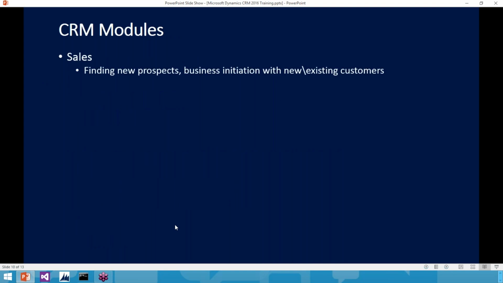So CRM modules. CRM is divided into 4 different modules. The very first one is sales. What exactly is sales? Sales can be anything. Any company that tries to sell products has to go through this sales life cycle, like finding new prospects, who they want to sell products to, and how they should be initiating a business with a potential new client, new prospect, or how can they retain their existing business.